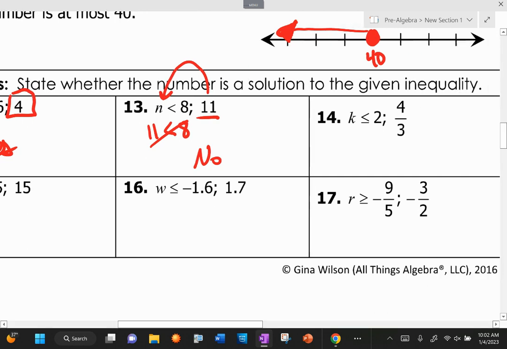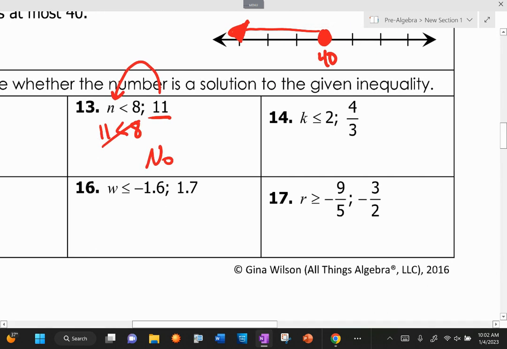Okay, so let's look at number 14. We have k is less than or equal to 2. So you can just go and plug in. 4/3 is less than or equal to 2. What do we think? Is 4/3 less than or equal to 2?